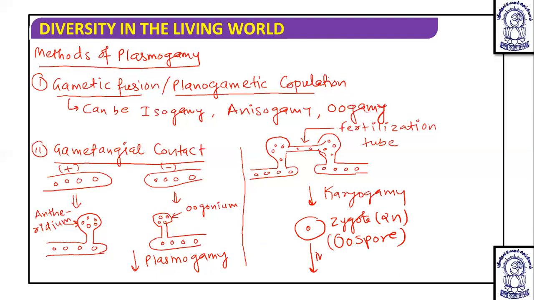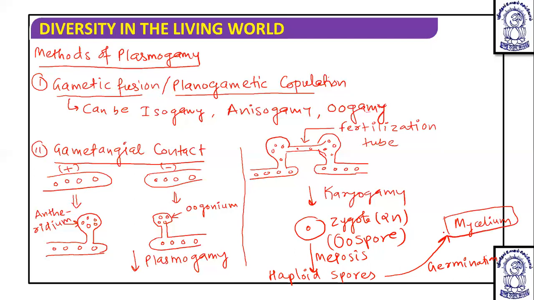After this, meiosis will occur, and haploid spores are produced. And these haploid spores germinate or undergo germination and form new mycelium.